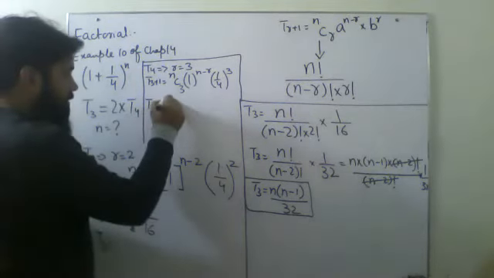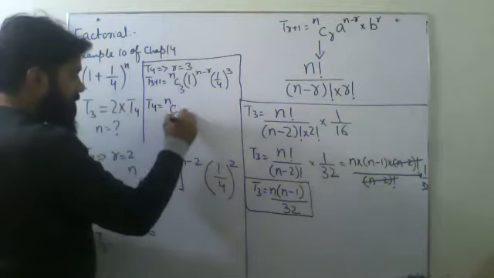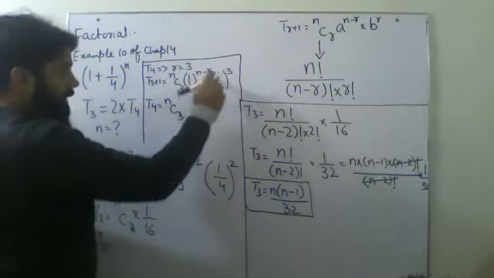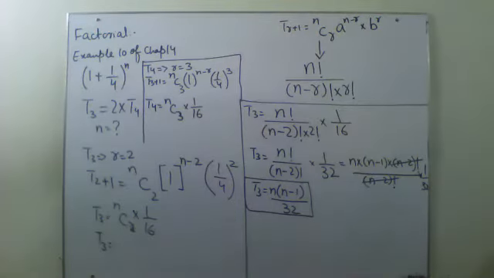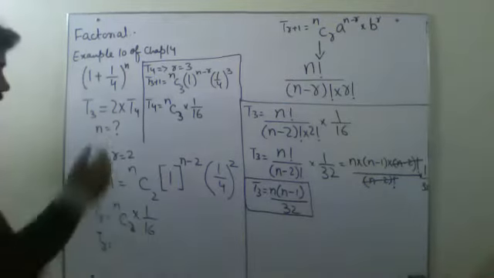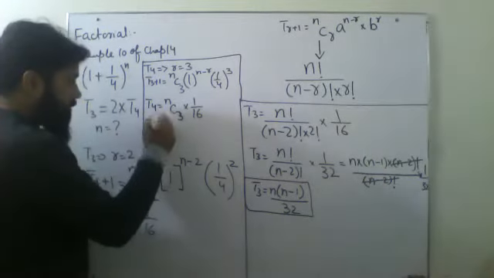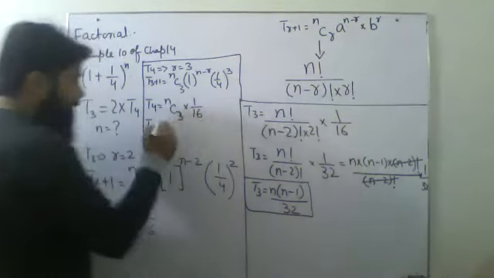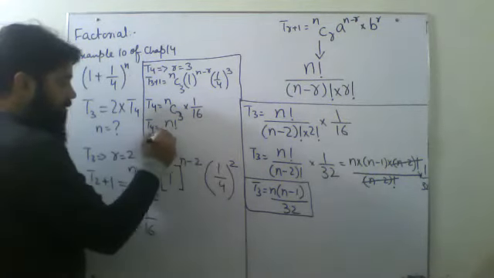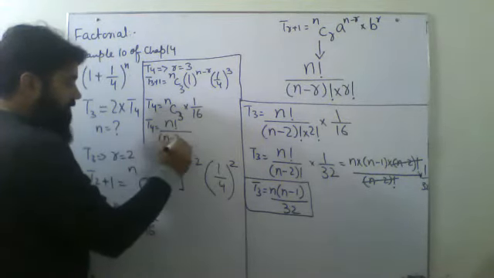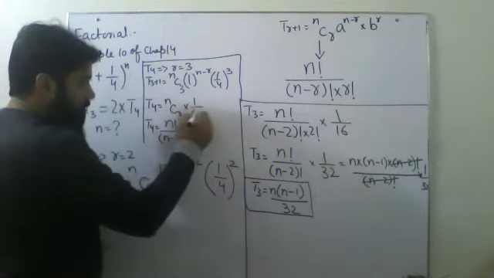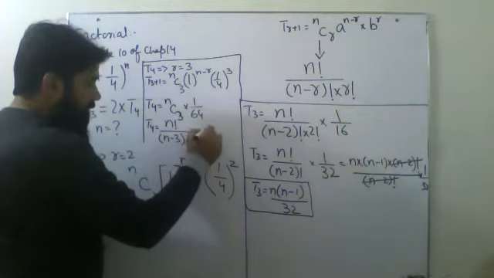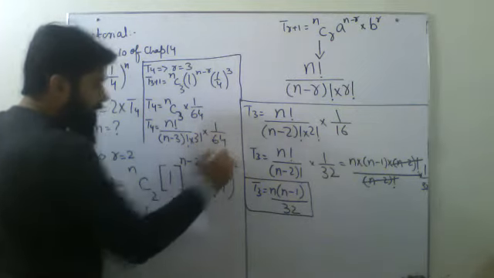T4 equals nC3. This will be gone and this will become 1 over 16. Again applying the formula, T4 equals nC3, n factorial over n minus 3 factorial into 3 factorial multiplied by 1 over 64.